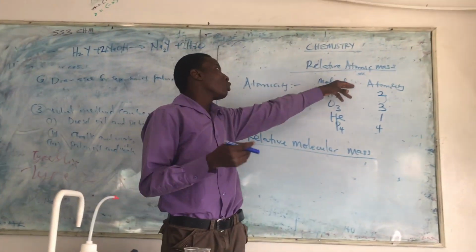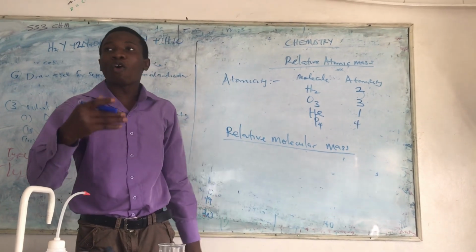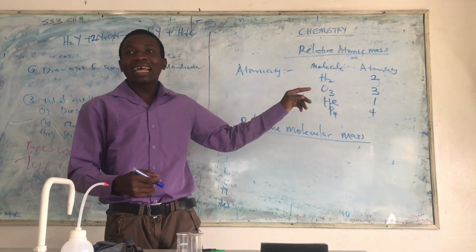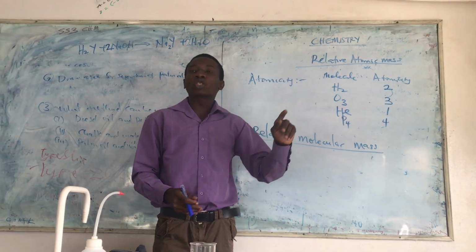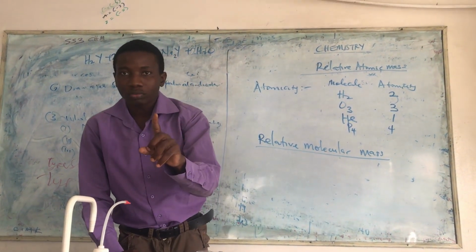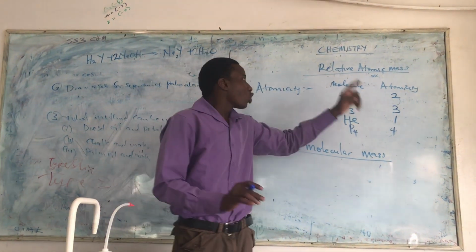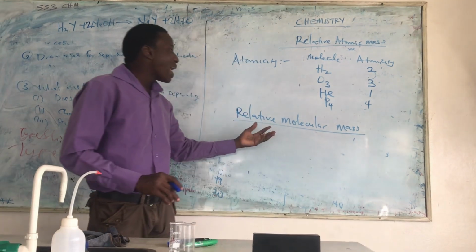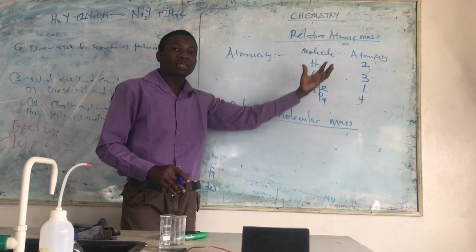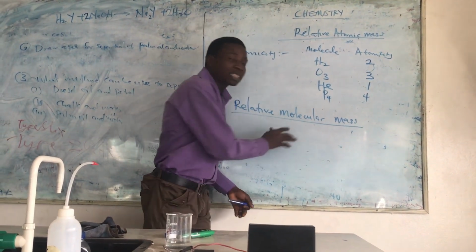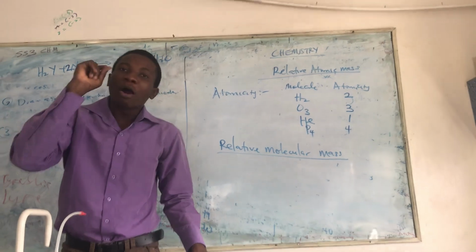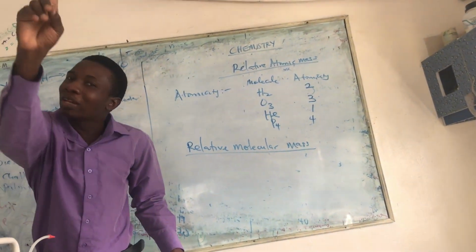Relative atomic mass, we are talking about the mass of an atom. When I'm defining relative atomic mass, I say it's the number of times the average mass of one atom of the element. The same way I define the relative atomic mass is the same way I will define the relative molecular mass. So relative molecular mass is the number of times the average mass of one molecule.